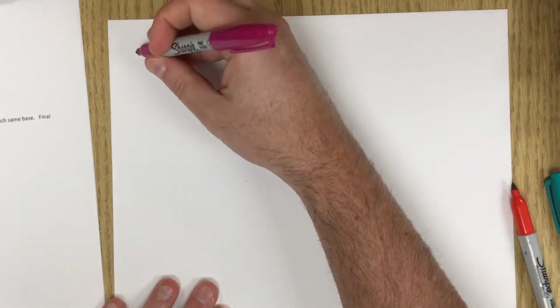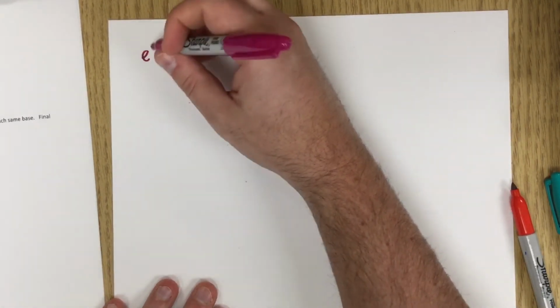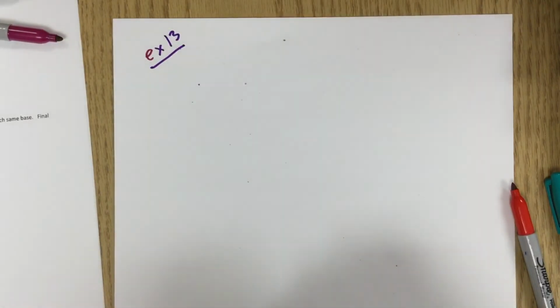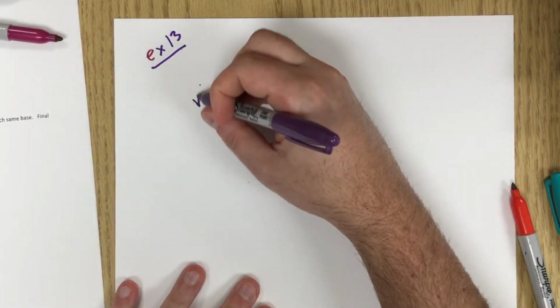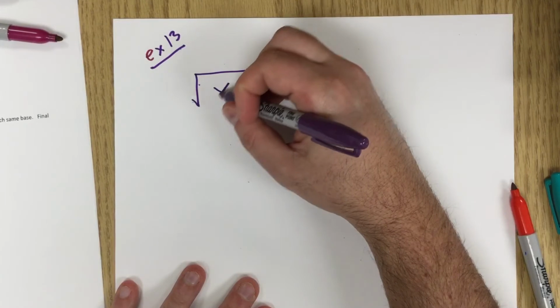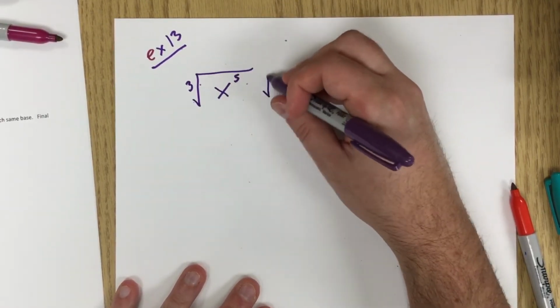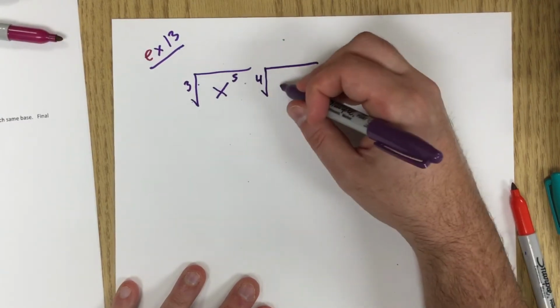We'll do one more of those. Example 13. So the cube root of x to the 5 times the 4th root of x to the 7.